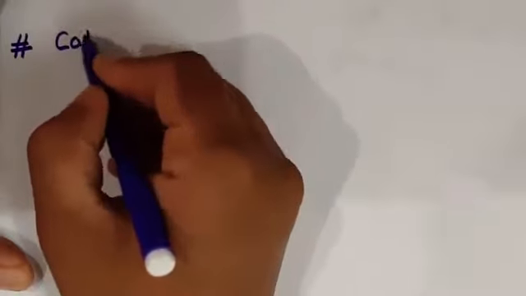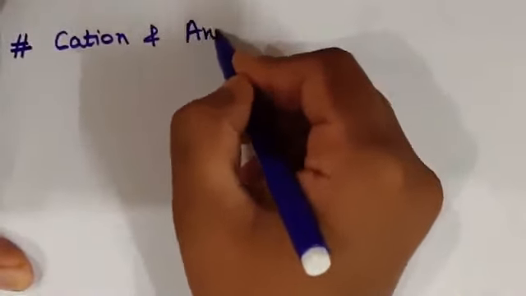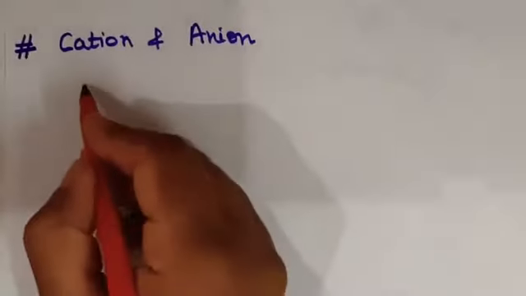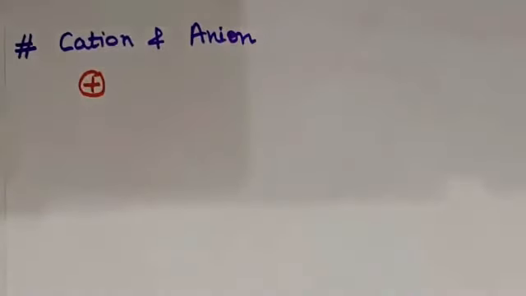Now, what is cation and what is anion? If a charged particle is positively charged, then it is a cation.